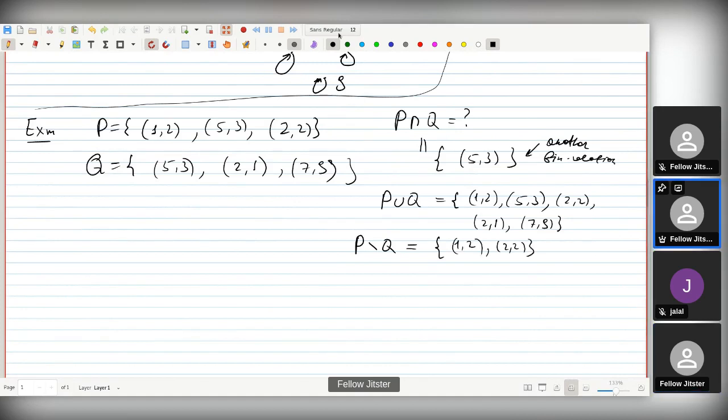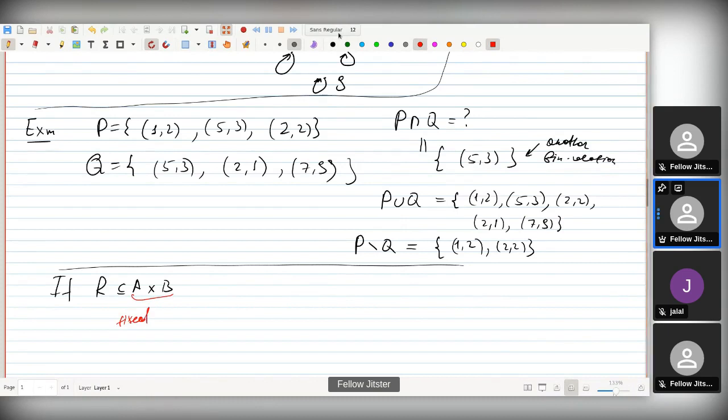Exactly. And also, it is possible to consider the complement of a binary relation. But, of course, in order to define a complement, we need some universe. So, if R is a binary relation between A and B, where A and B are fixed, of course, such A and B are not unique, but assume that they have been fixed.